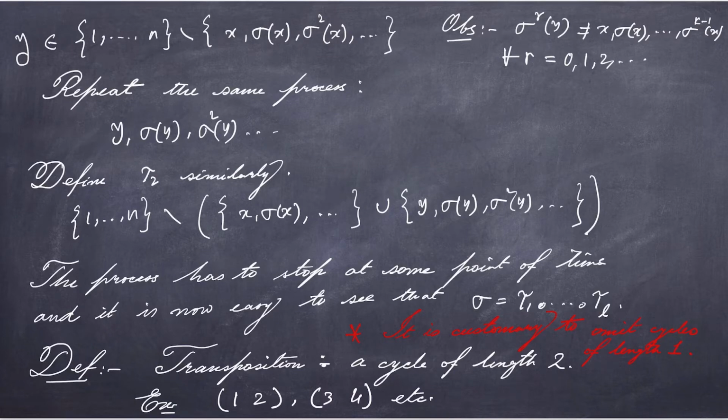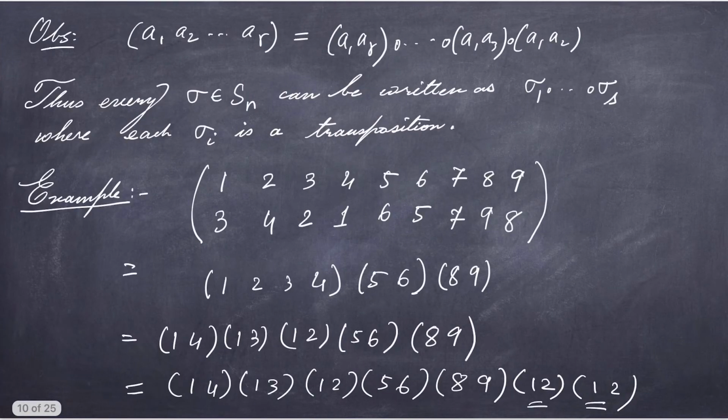Now we will talk about the cycles of length 2. These are called transpositions, for example (1 2), (3 4). Now what we will observe is that any cycle is a product of transpositions, but certainly we don't have pairwise disjointness here.